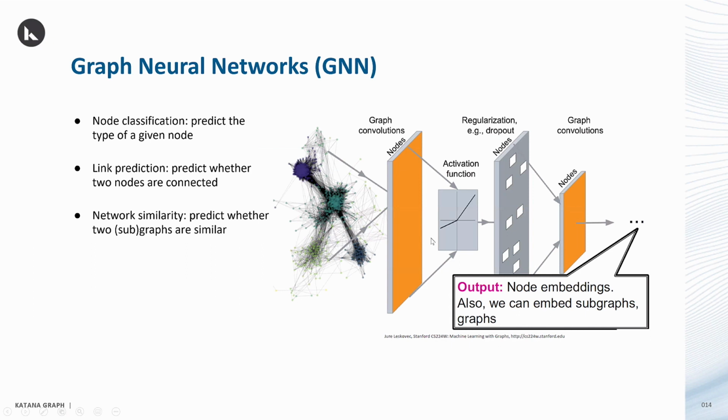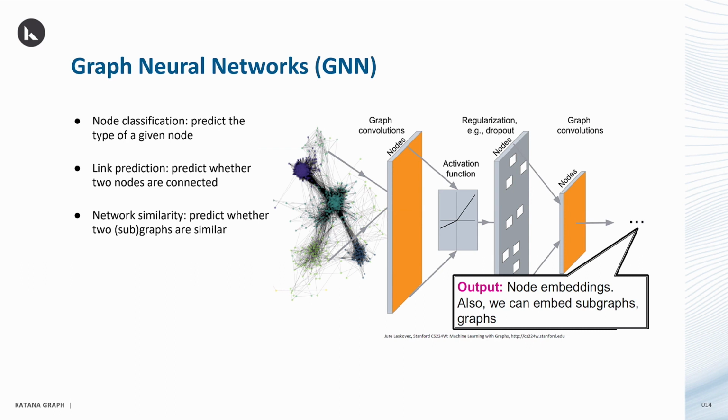Graph neural networks is an adaptation of traditional deep neural networks. In traditional convolutional neural networks, you're doing convolutions on images. In graph neural networks, there is an equivalent convolution on a graph. You can think about the image as a graph where the adjacent cells are connected.